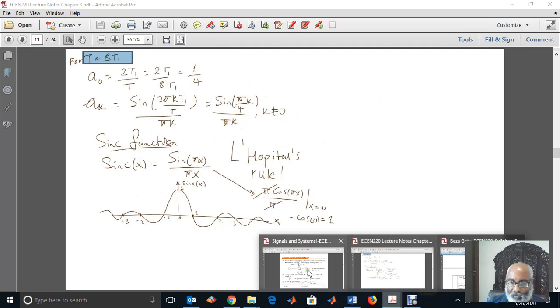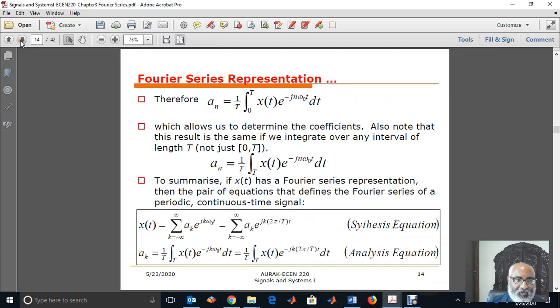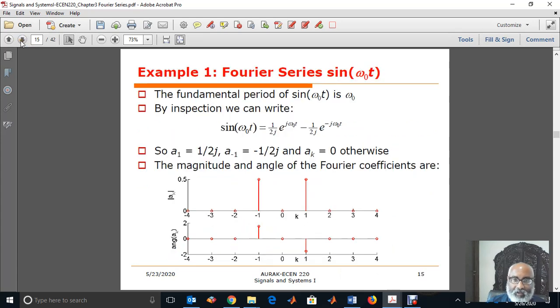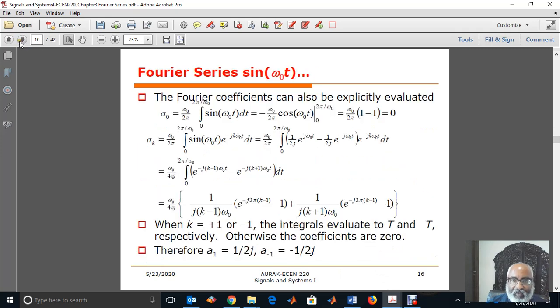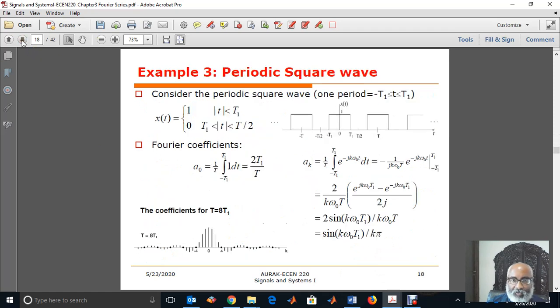Okay, so I hope you understand these examples, and also in the slide you have more examples here. Again, the revision of the synthesis and the analysis equation. Read it, and we have more examples. You can see the additional examples also, or you can revise the same example.